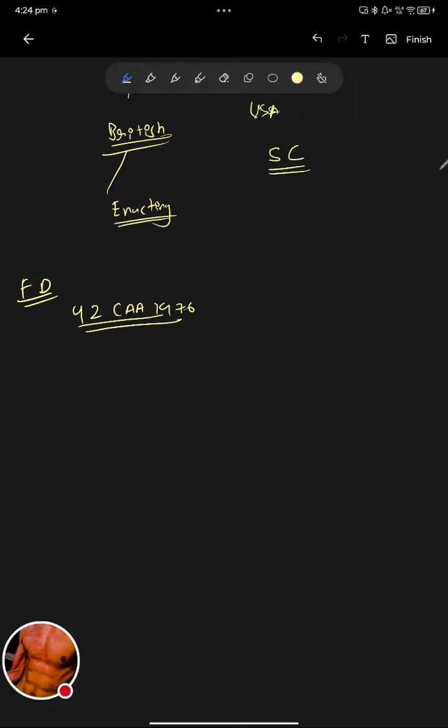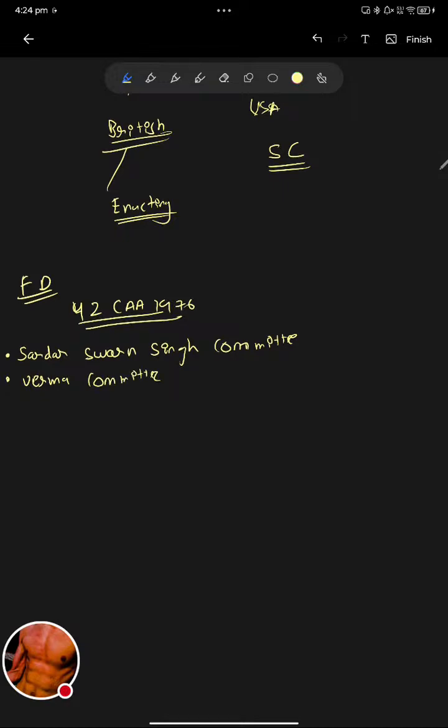The committee that formed these fundamental duties was the Sardar Swaran Singh Committee. The Sardar Swaran Singh Committee helped in forming these fundamental duties, and also the Verma Committee.